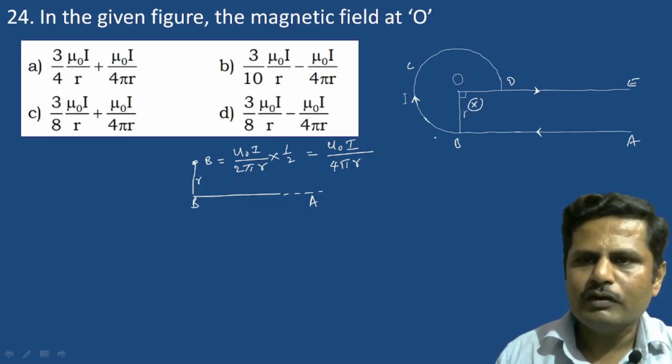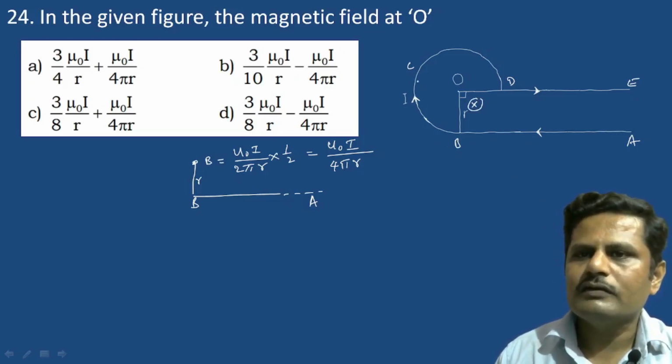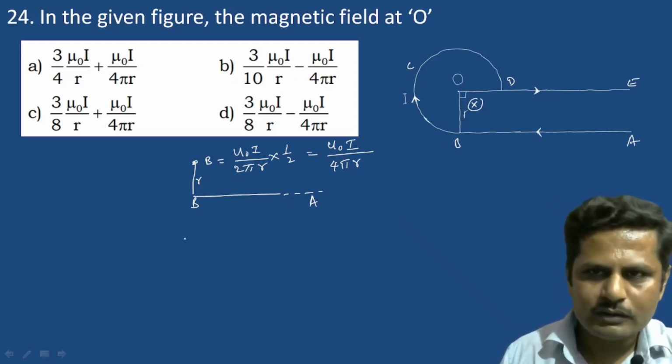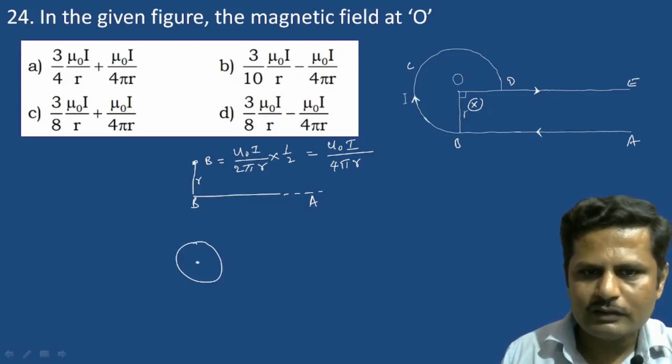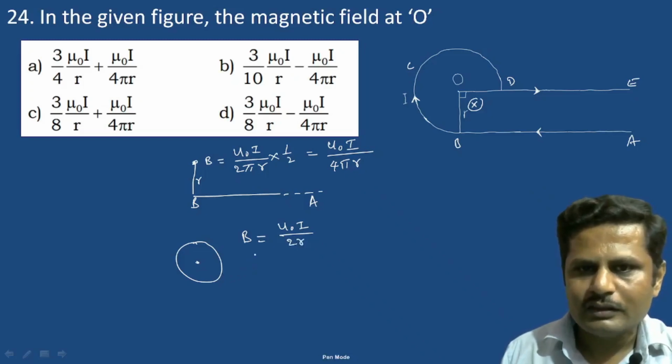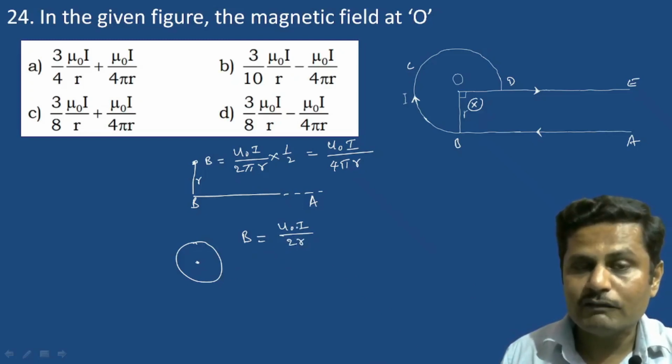Now let me go for the magnetic field due to this circular loop, that is BCD. Whenever we consider the loop, the magnetic field at the center due to this loop is B equals mu naught I divided by 2R. But here we have only the 3/4 part of this loop, so we get 3/4 of the magnetic field of the loop.